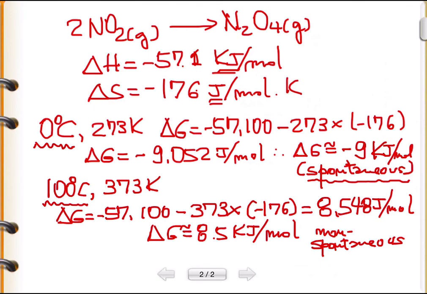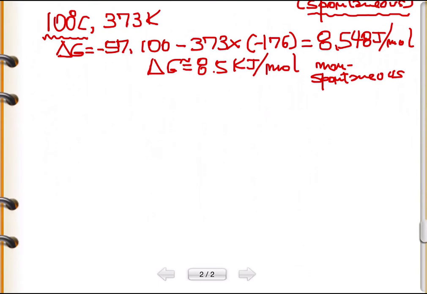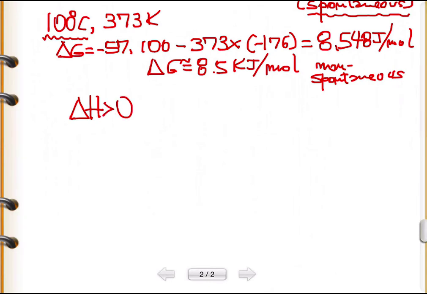So when we have these two factors contributing in opposite directions, the temperature becomes an important factor for the decision, right? Let's see now the other situation, when delta H is larger than 0 and delta S is also larger than 0.